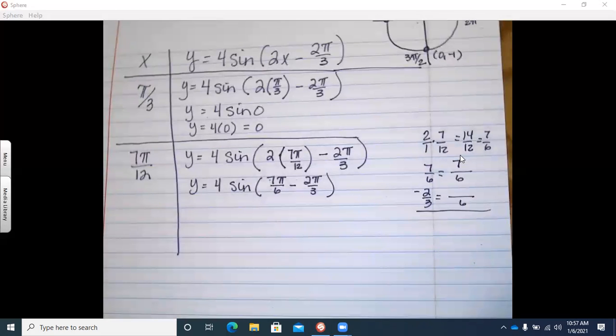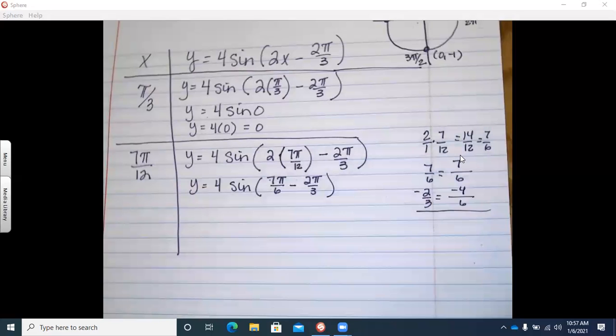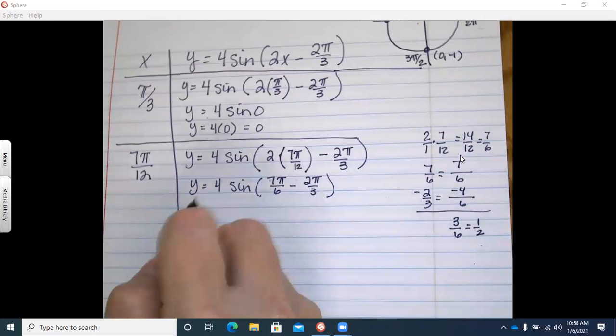Negative 4/6, very good. So 7 minus 4 is 3, over 6, which we will reduce to 1/2. But it's not technically 1/2, technically it's pi halves, right? We didn't bring our pi into our math over here. So y equals 4 times the sine of pi halves.